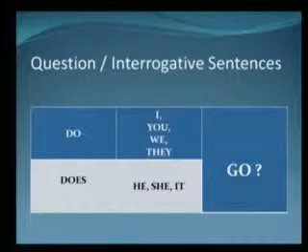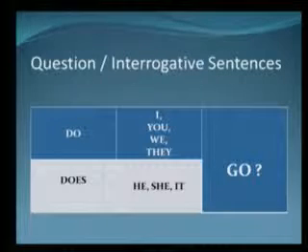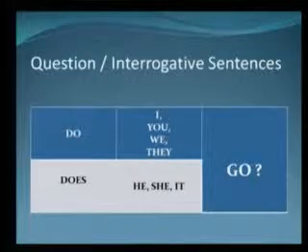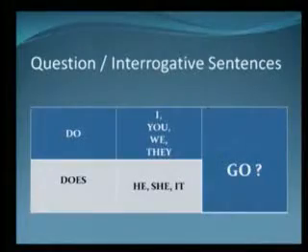Now look, do I go? You get an answer, yes, I go. Does he go? You get an answer, he does go. Is that clear? Therefore, whenever you want to use a question, we should use do with first and second person, and with the third person you should use does. Is that clear, everyone? So these were the tables of simple present tense.